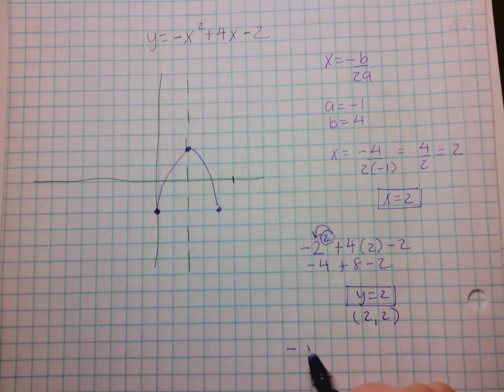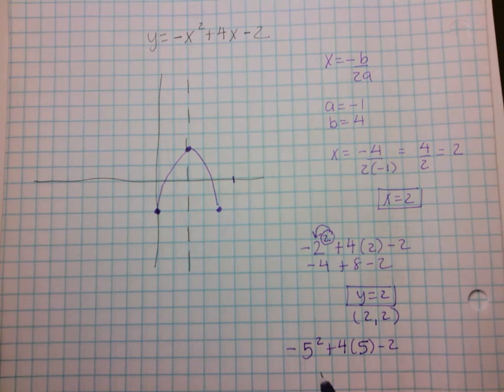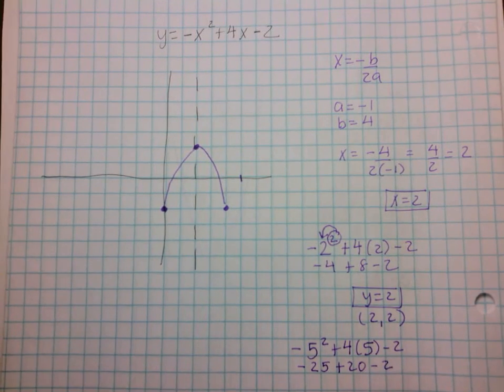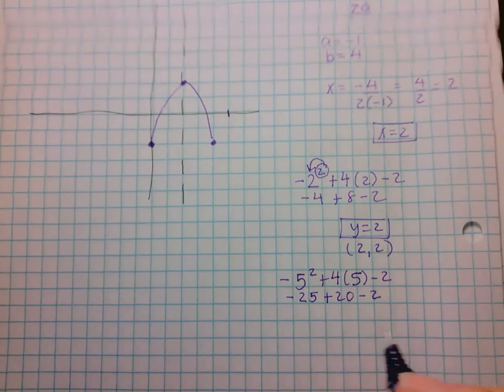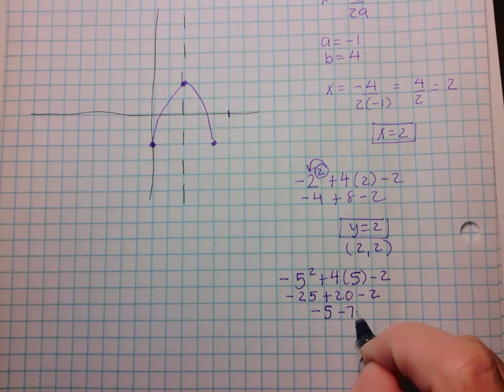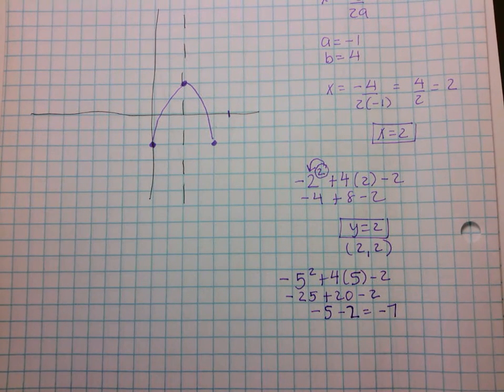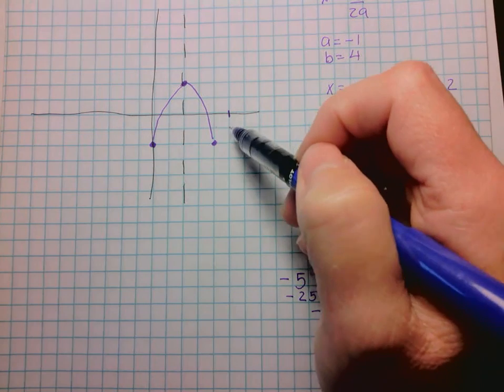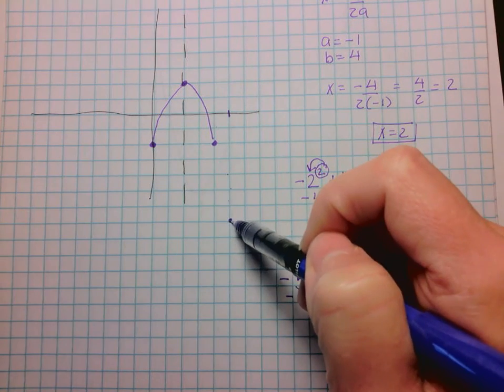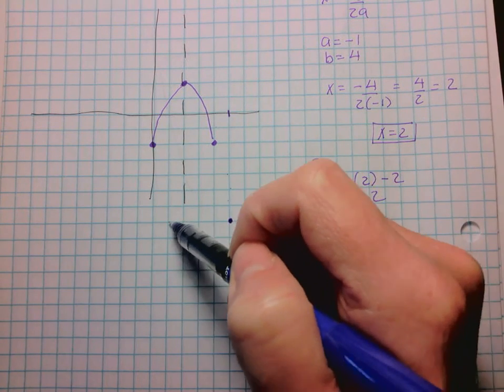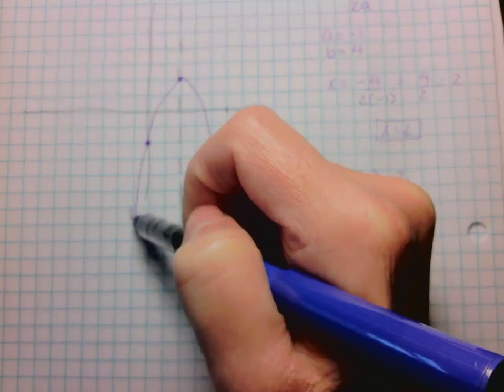I just want to pick values for x that are going to give me a good graph. Okay, so then now I know that I have a point at 5 and negative 7. And then I want to reflect it. Okay, so now I have a really nice graph.